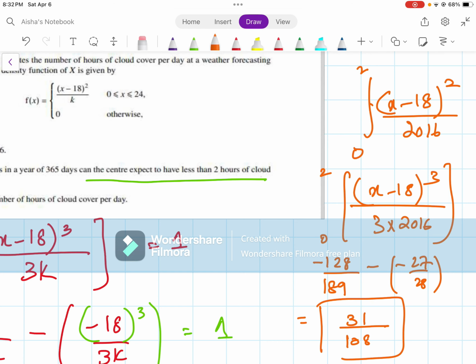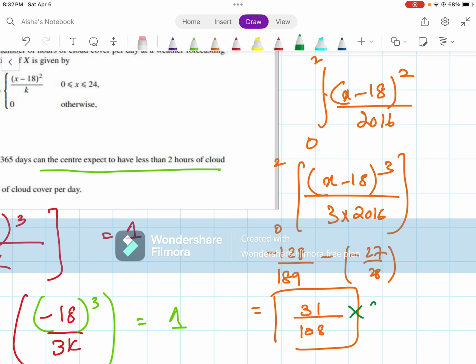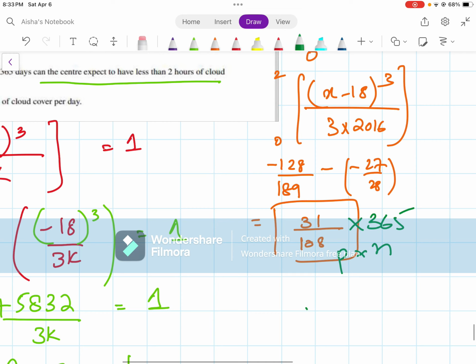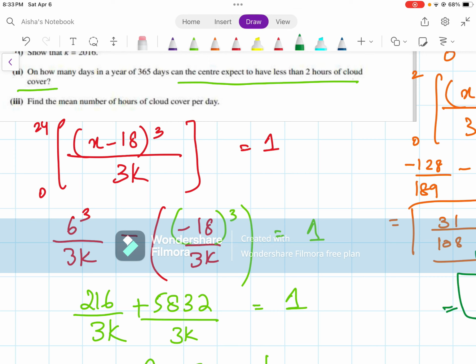This is my probability of getting less than 2 hours multiplied by 365 to get my expectation, because I'm doing n into p, np. On 105 days, you can expect to have less than 2 hours of cloud cover.